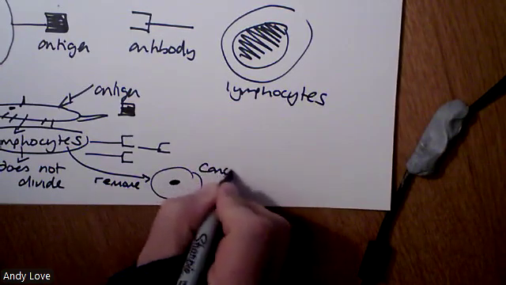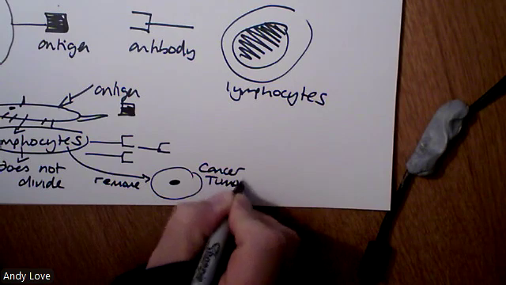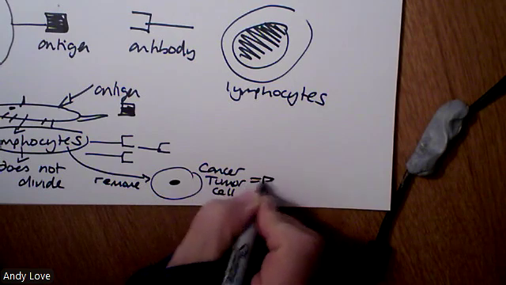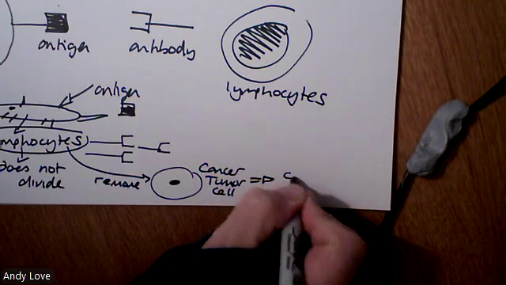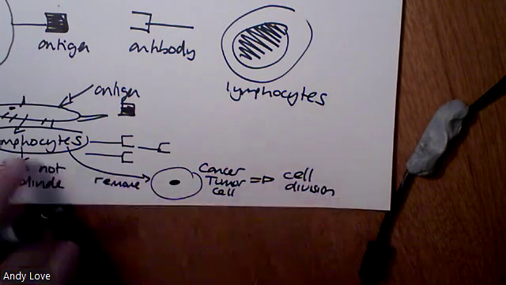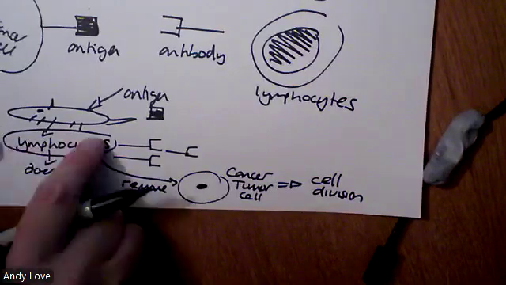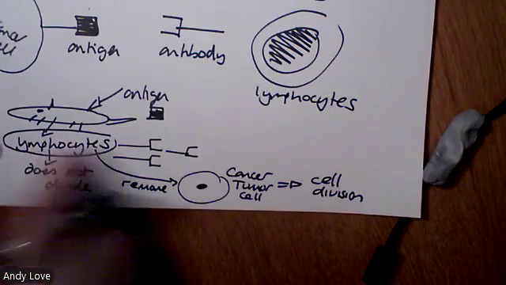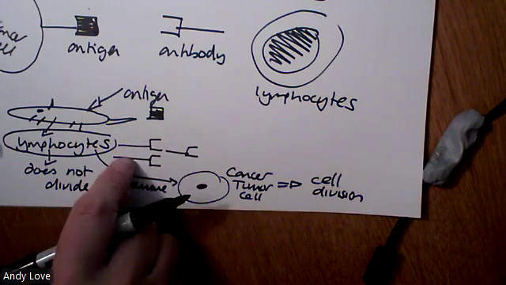Now, why on earth would you use a cancer or a tumor cell? Well, the thing they can do is uncontrolled cell division. Now, I want this to divide. I want the lymphocyte to divide because it'll make lots and lots of antibodies.